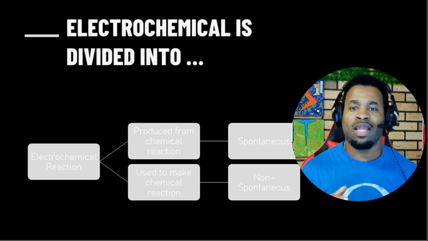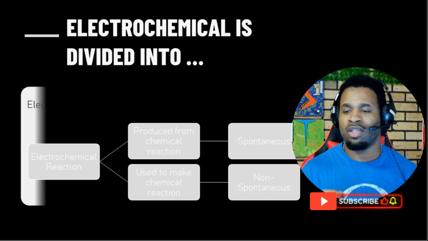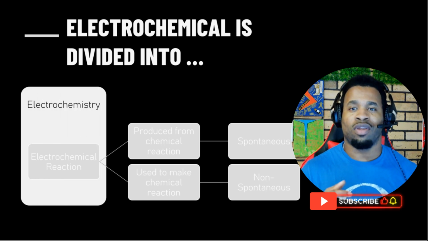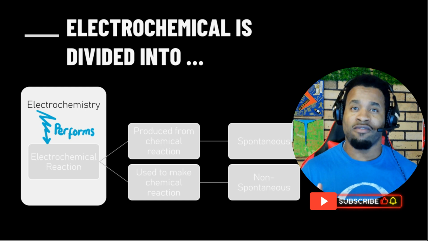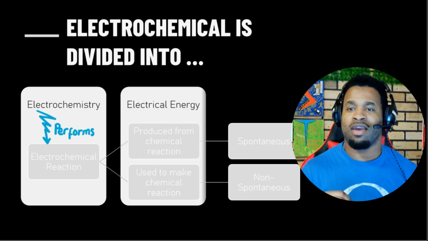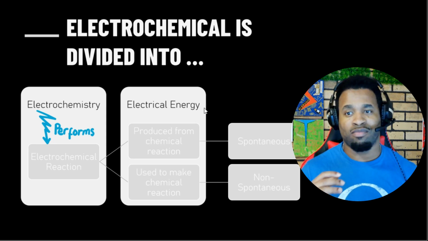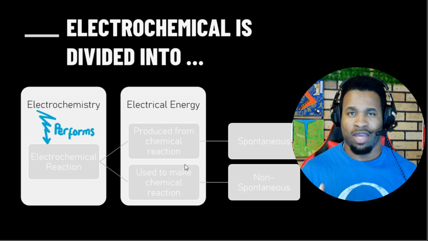So looking at the electrochemical reaction, in the first stage, electrical energy is produced when a chemical reaction occurs.